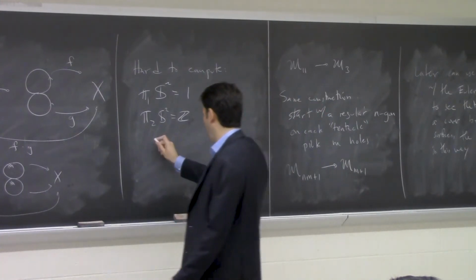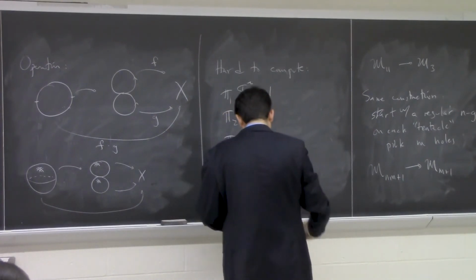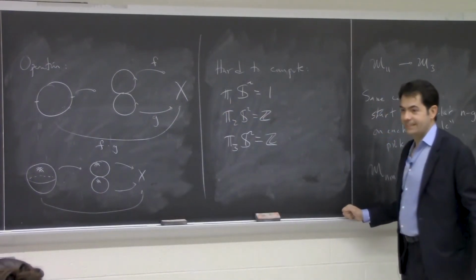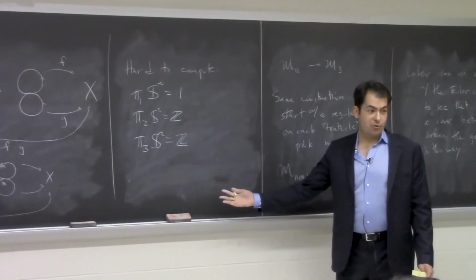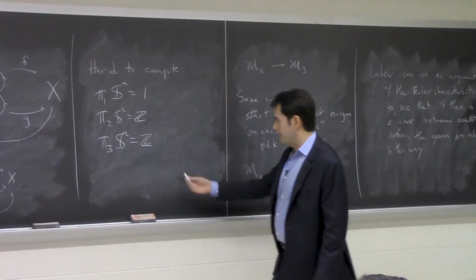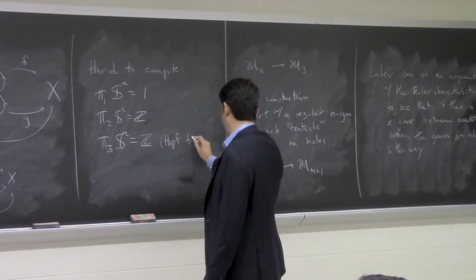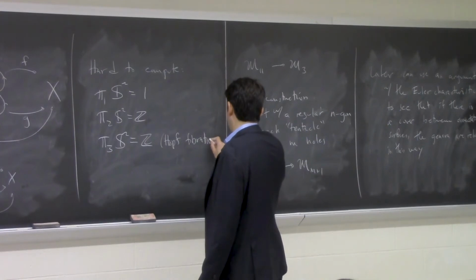So here's what's wrong. Pi3 of S2 is also Z. So there are three-dimensional holes in the two-dimensional sphere. This is generated by the Hopf fibration.